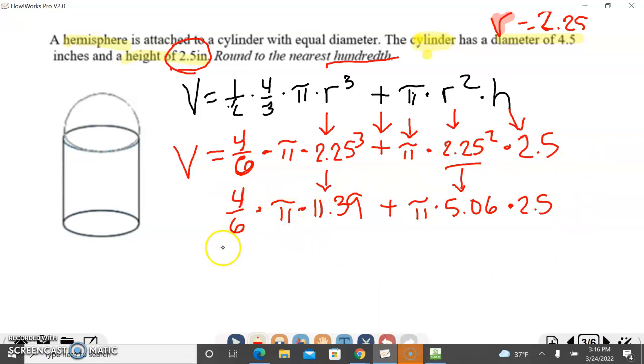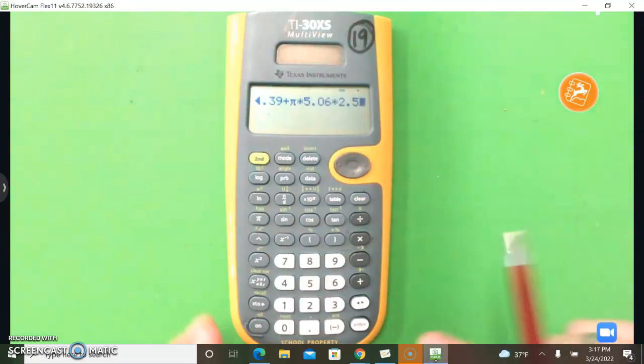So using that formula, I'm going to type that whole thing into my calculator and see what we get here. So it's a lot to type in here.